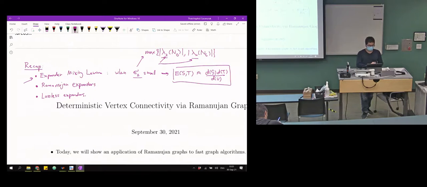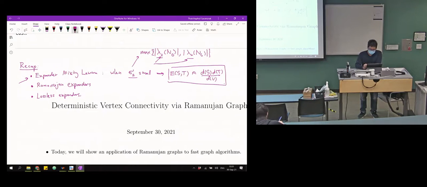That's the expander mixing lemma, and this is quite a strong property.